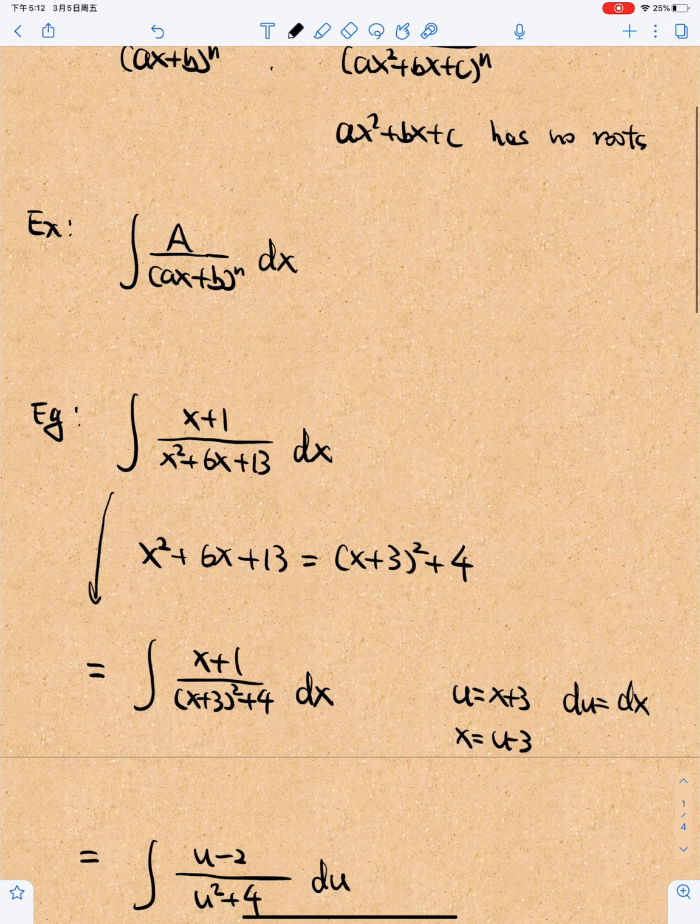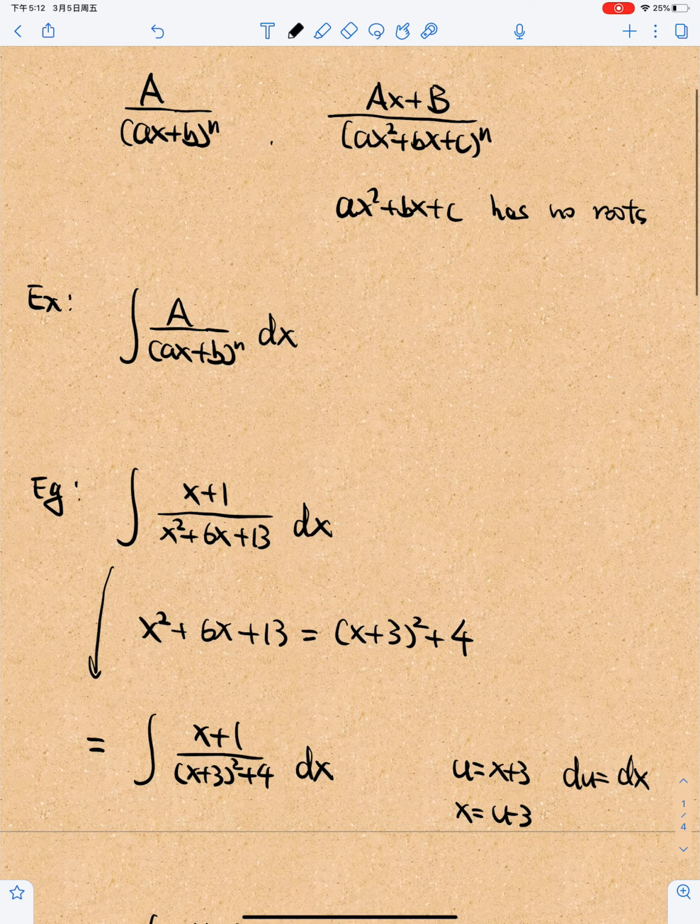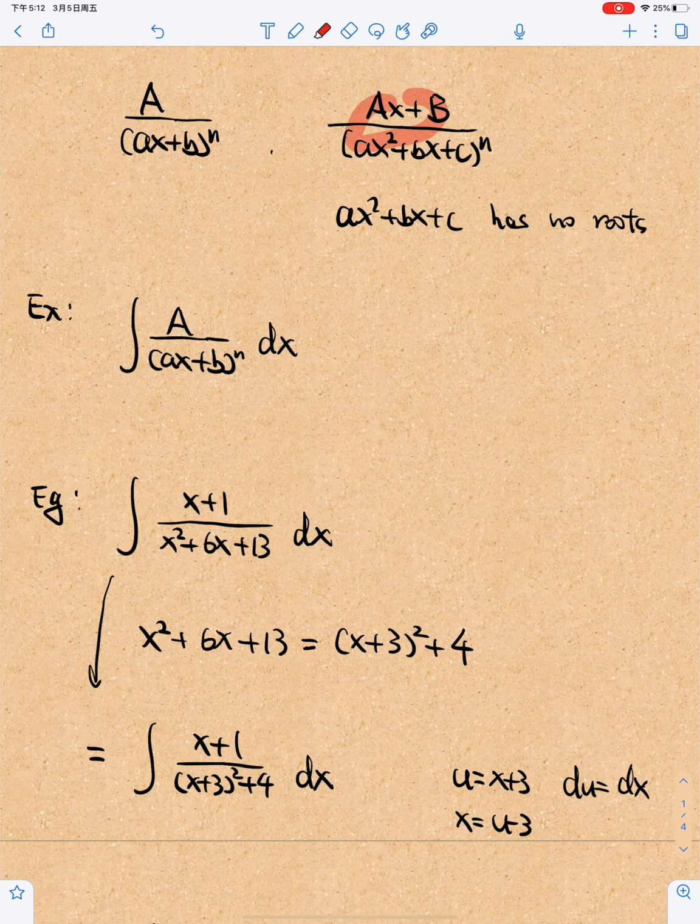So this computation answers the question of how to integrate a rational function like this when n is equal to 1. And most of the cases you're going to encounter in this class are of this form. But I'm going to say a few words about what happens if the degree n is larger.